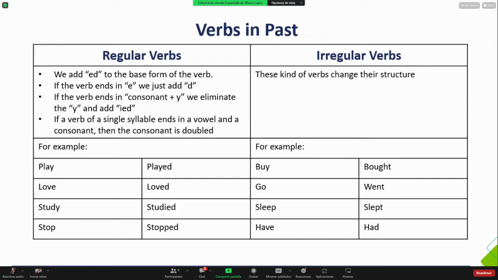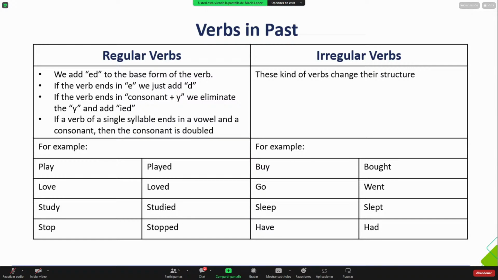It is important to mention that you have in the anthology, you can check it in the platform. At the end of the anthology, you have a list of verbs.